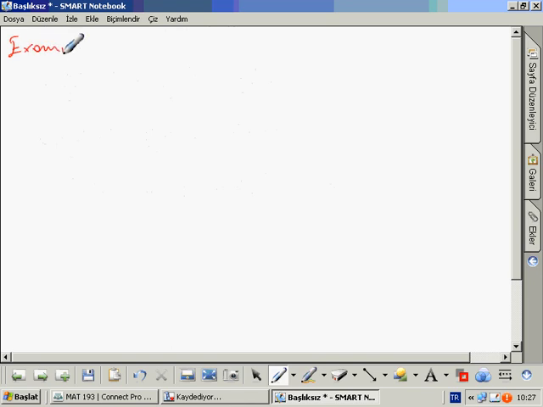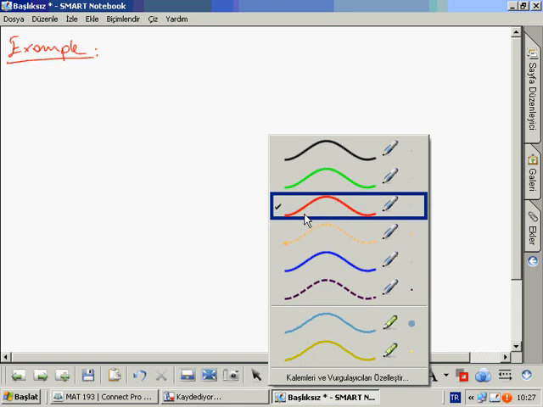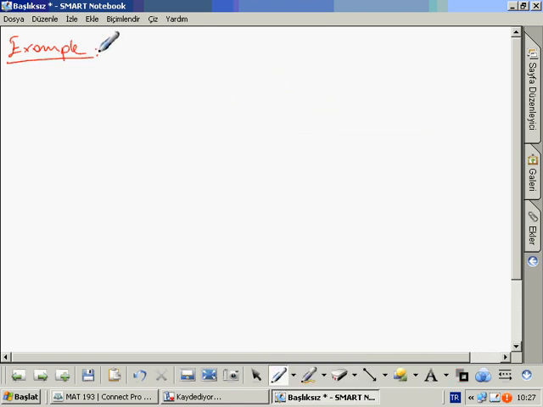Another example, evaluate the inverse sin x dx, and we know that let u equal inverse sin x, and dv will be dx.